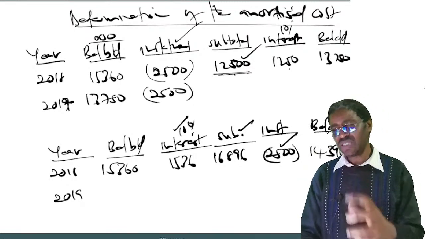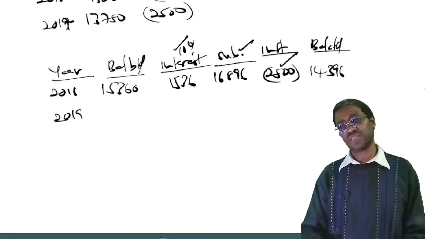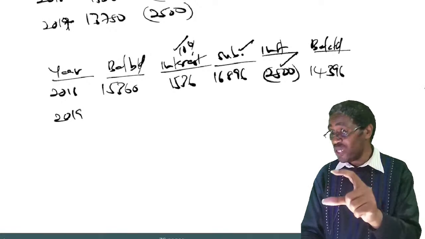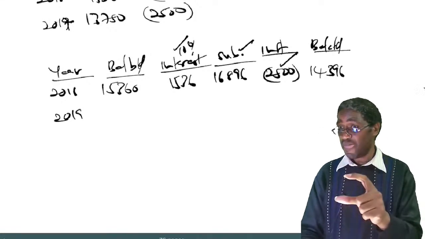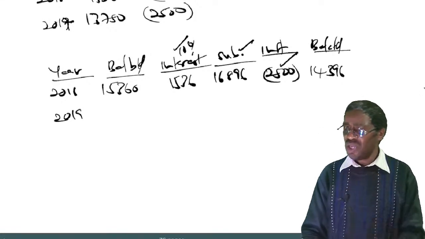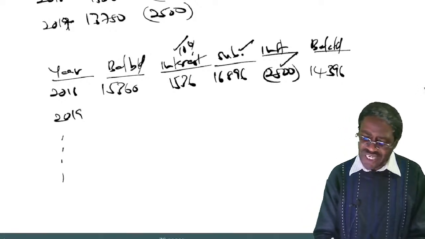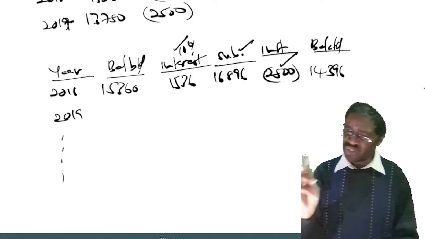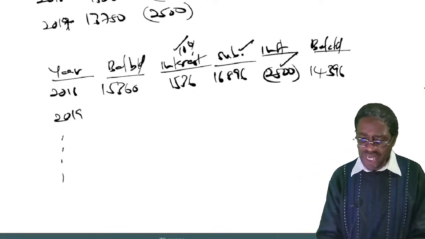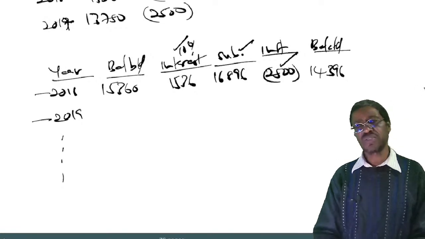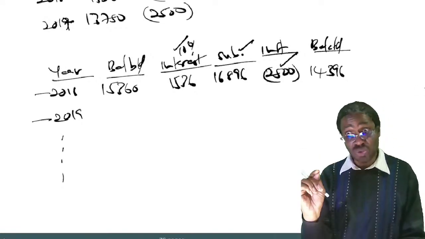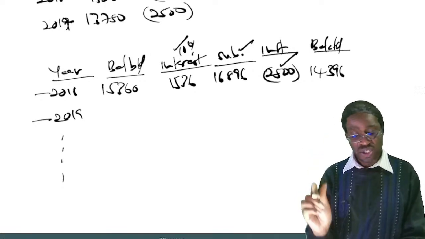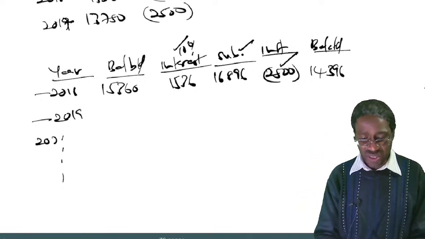The lease period, I want you to listen carefully, was 10 years. So the question is, will I prepare the amortization for 10 years? The answer is no. Question 2, will I prepare the table for 2 years? The answer is no. You will prepare the table for 3 years.